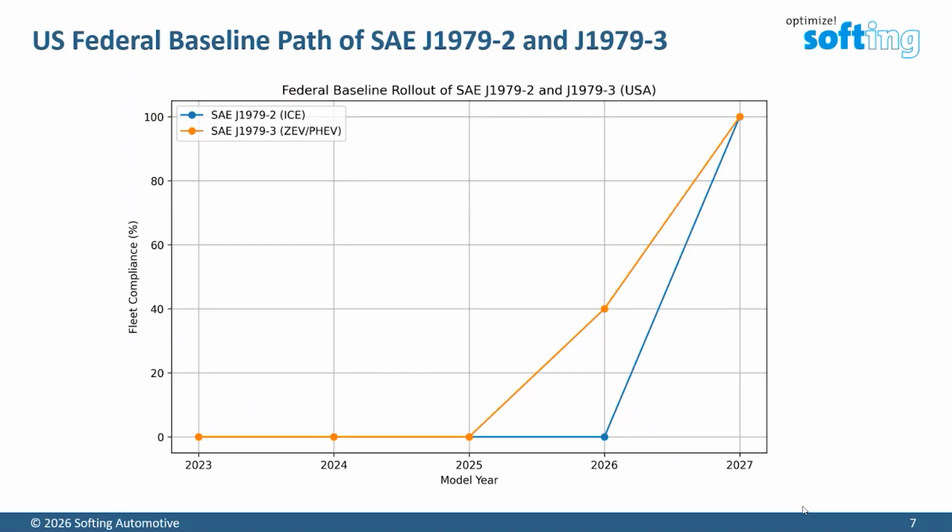The orange curve describes zero-emission vehicles and plug-in hybrid electric vehicles that comply with J1979-3. And a phase-in here includes 40% fleet compliance for the model year 2026 and 100% fleet compliance for the model year 2027.